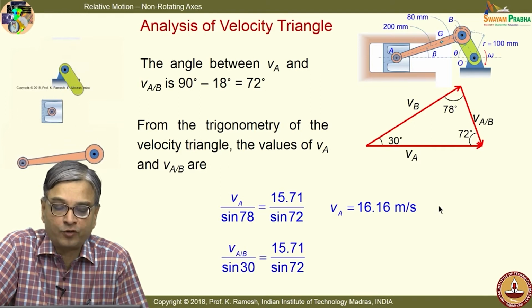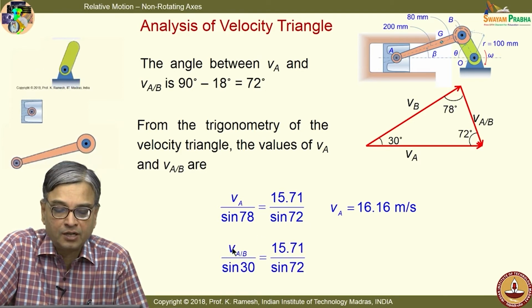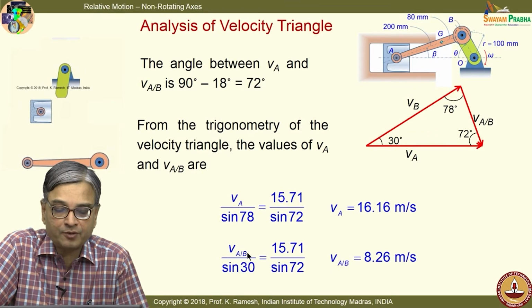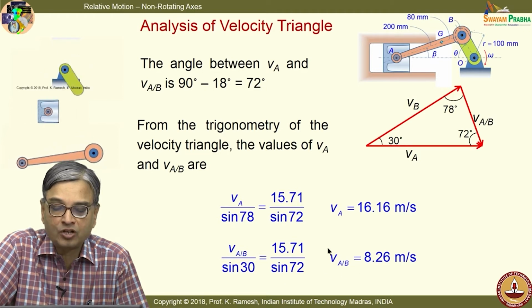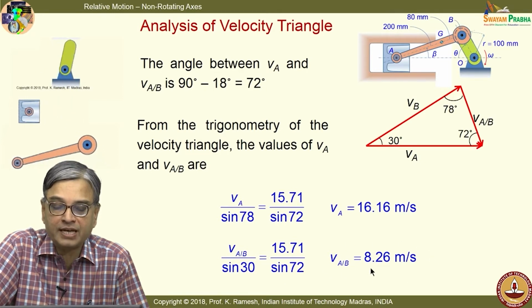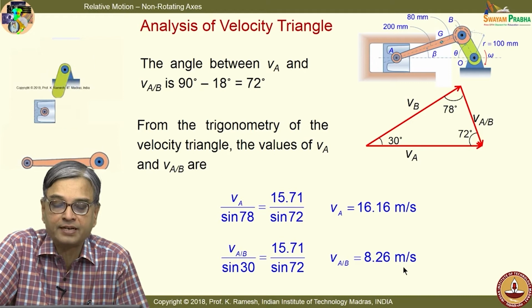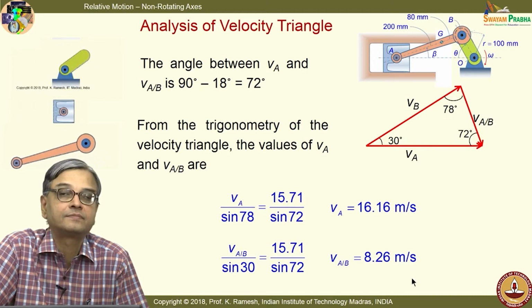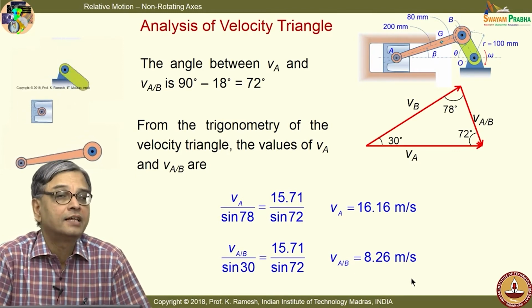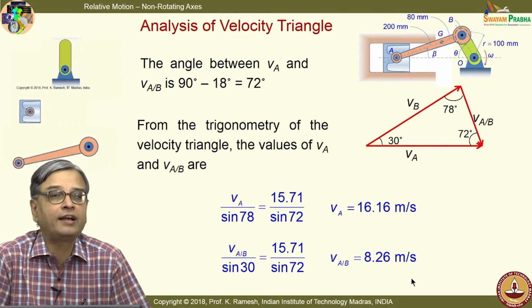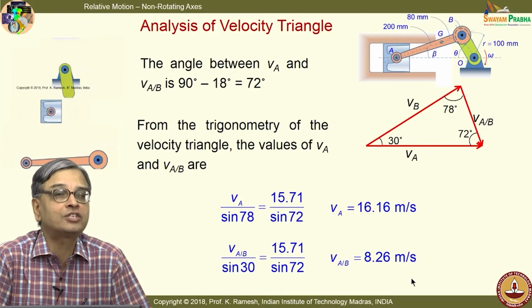Similarly, I can also write for VAB: velocity of A with respect to B divided by sin 30 equals 15.71 divided by sin 72. So, I get the velocity of A with respect to B as 8.26 meters per second. Is the idea clear? Can you find out, with these quantities, the angular velocity of the connecting rod?